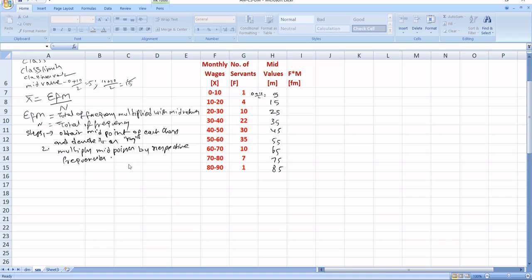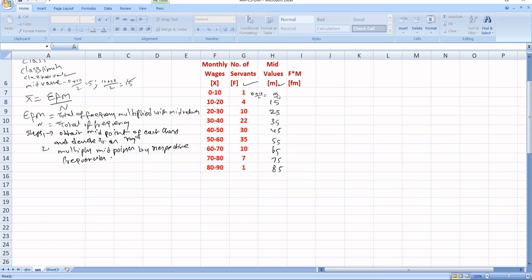Okay, so here you have to multiply. How? Frequency is called f, mid value is called m. That is f into m or m into f. In either way you can call it, okay, fm. We shall call it as fm.